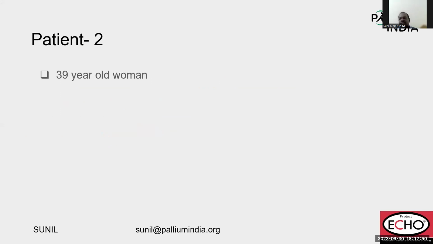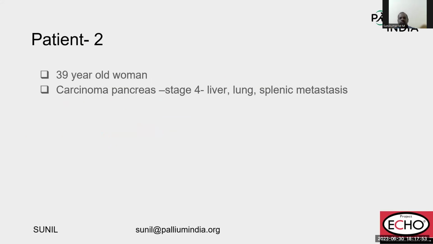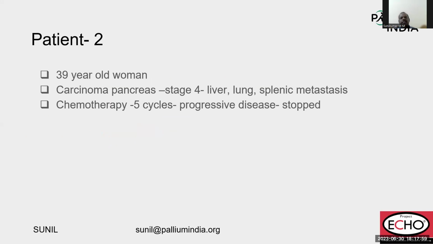So this is a 39-year-old woman diagnosed with carcinoma of the pancreas, stage 4, with liver, lung, and splenic metastasis. She received 5 cycles of chemotherapy, but the disease was progressing, and because of that they stopped the chemotherapy. Then she was on palliative care for comfort care.